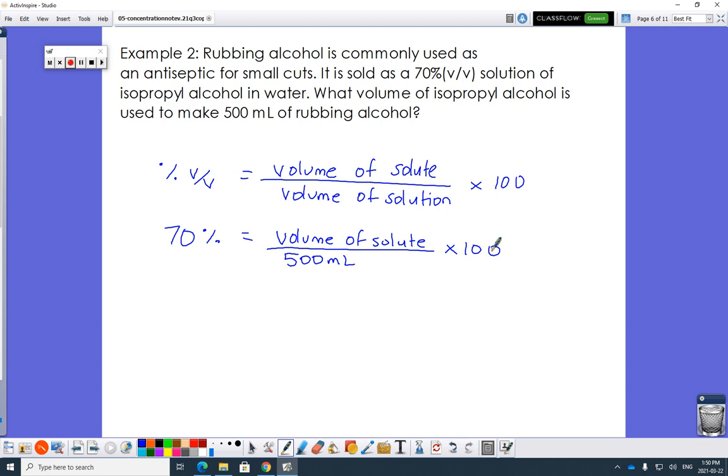So now you have some options. Some of you who enjoy math or take a lot of math might have changed this into 0.7 without really realizing what you're doing. But you can just follow inverse operations. If you're multiplying by 100, what do you have to do to get rid of it? You have to divide.